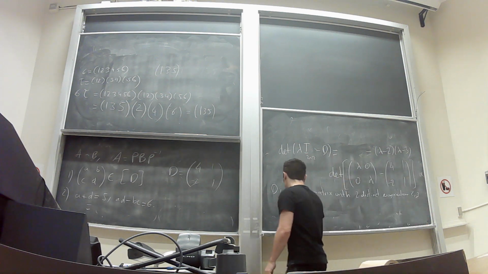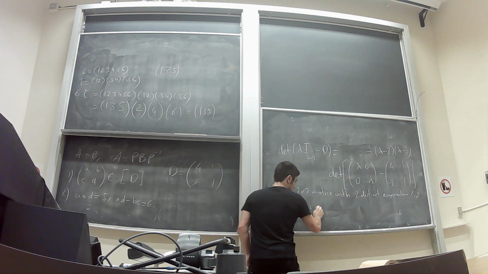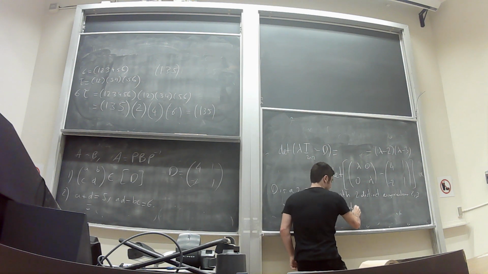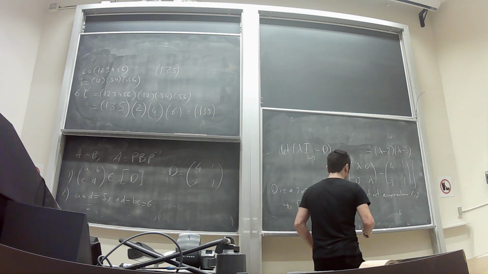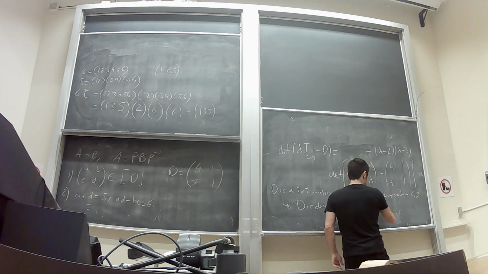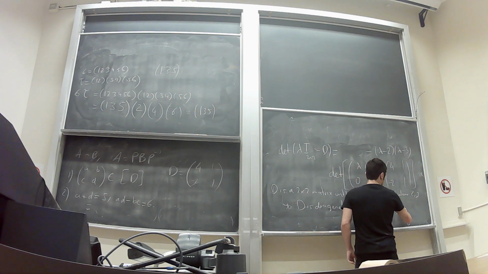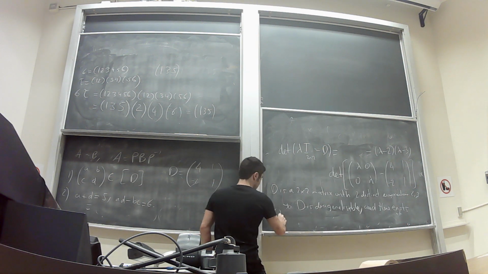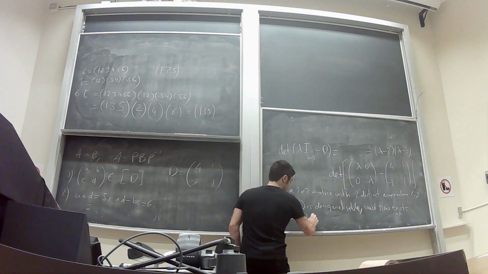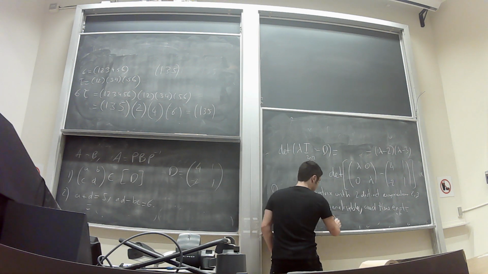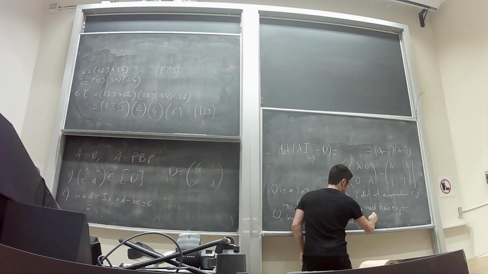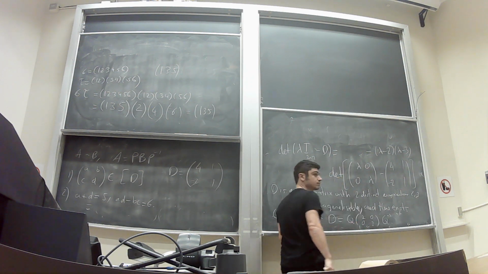So D is diagonalizable, and there exists, let's say Q, an invertible matrix Q such that D is Q times the diagonal matrix 2, 3, times Q inverse.